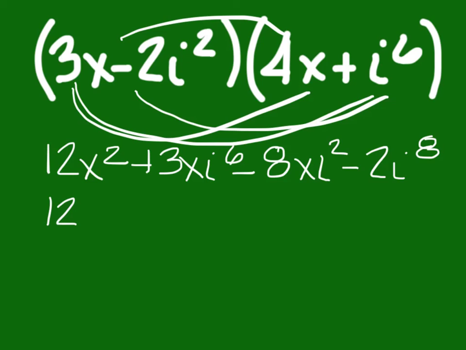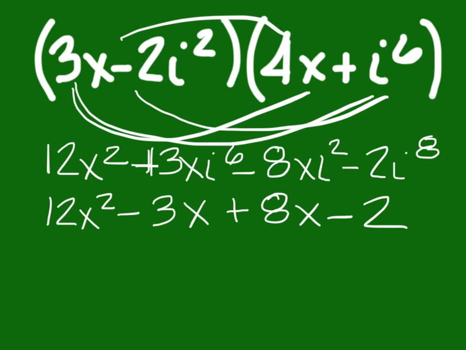Well, the 12x squared, not a whole lot we can do with that. But over here we have i to the 6th next up. That's a negative 1, so we'll have minus 3x. And then i squared is minus 1, so this becomes plus 8x. i to the 4th is what? 1, so i to the 8th is also 1, so minus 2.